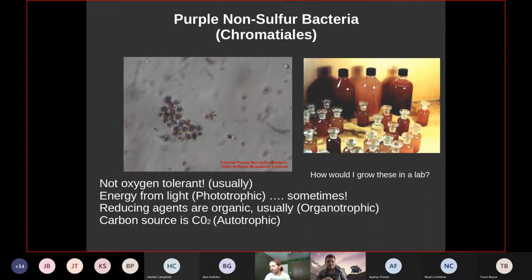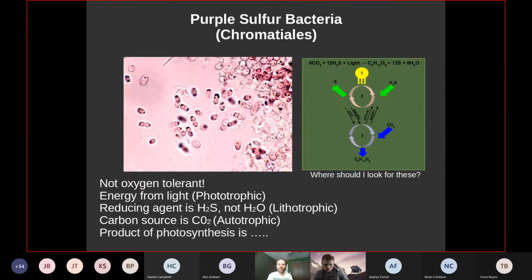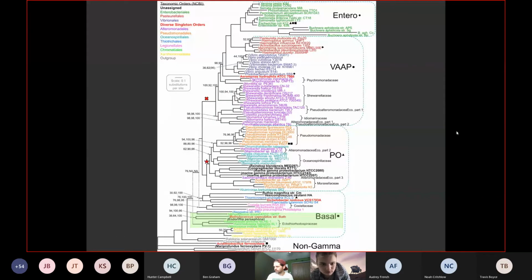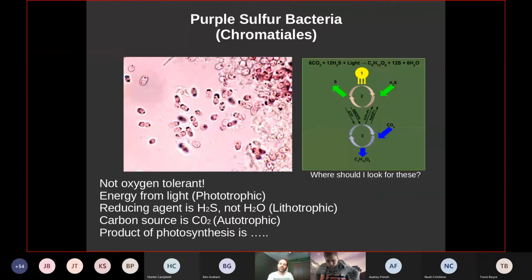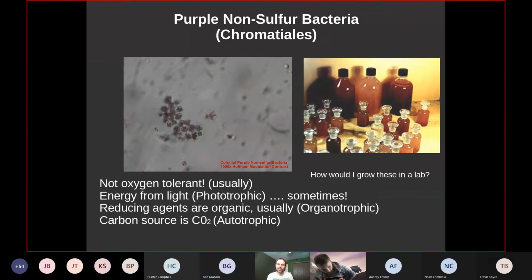I have to apologize on behalf of biology for naming things kind of poorly sometimes. These are named purple non-sulfur bacteria because in the tree, they're right next to the purple sulfur bacteria that were named first. Everyone thought these were the same stuff, and so now we just call them non-sulfur because we know they're different. Okay, thanks. Yeah, it's pretty dumb. Sorry.